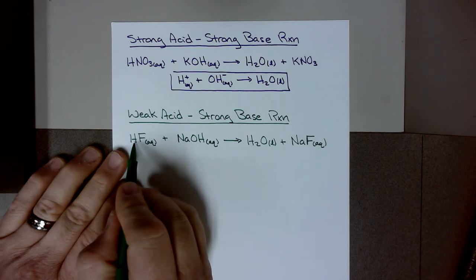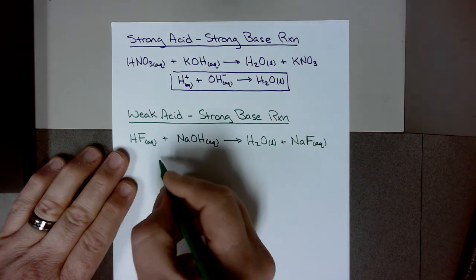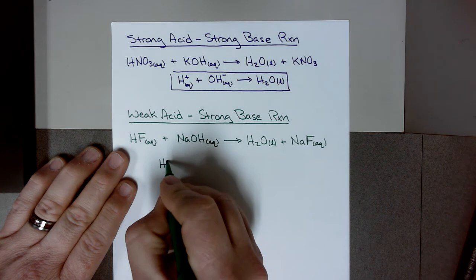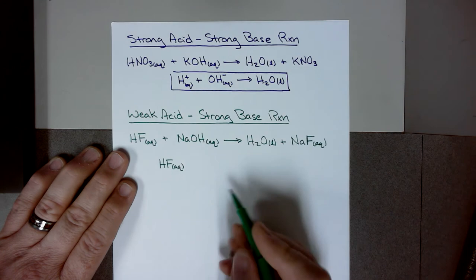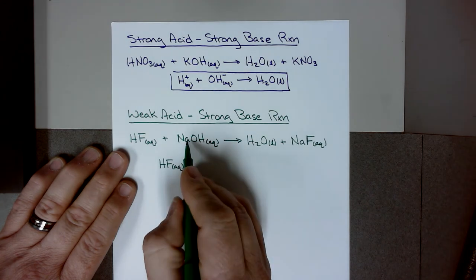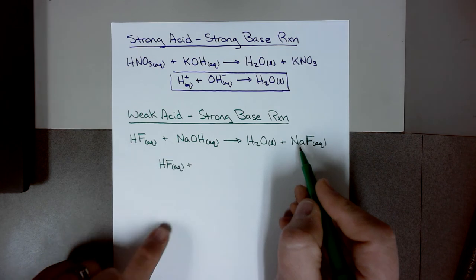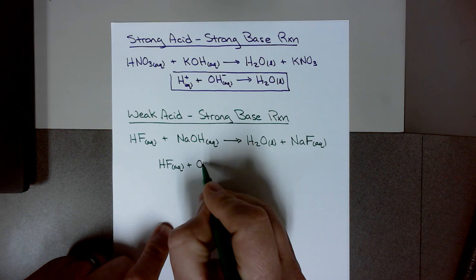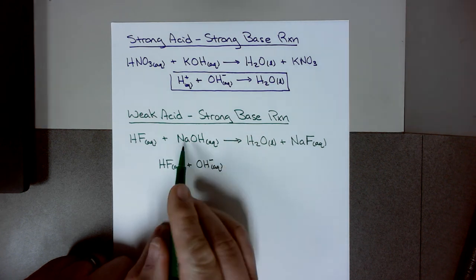Now there's a little bit of difference in the net ionic when you have a weak, and that's because remember, these weak acids do not completely dissociate. So for the net ionic, we would write HF aqueous because it doesn't dissociate completely. But this does. And you'll notice you have a sodium on both sides, and that sodium is the spectator ion. So really, we're looking at the OH minus here because the sodium is a spectator.